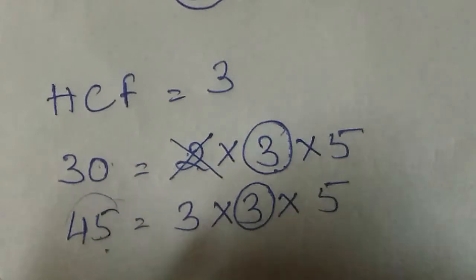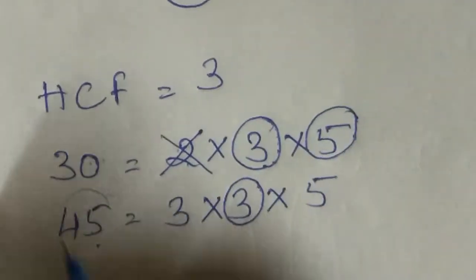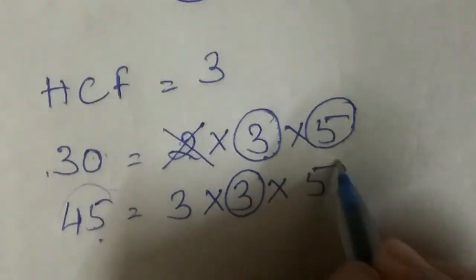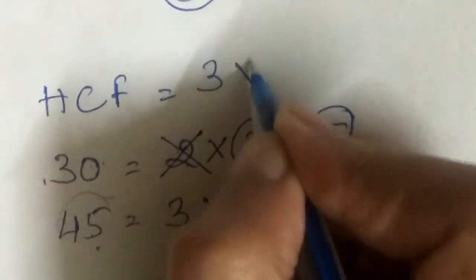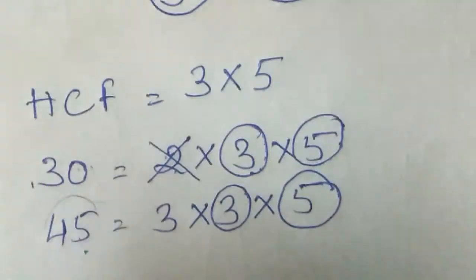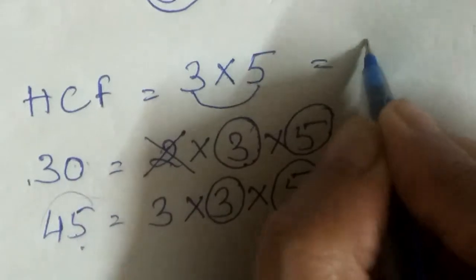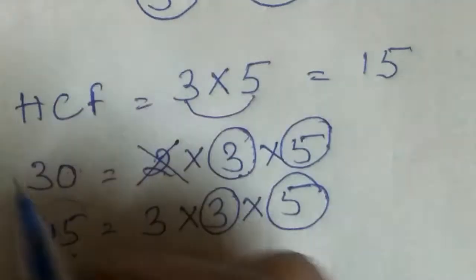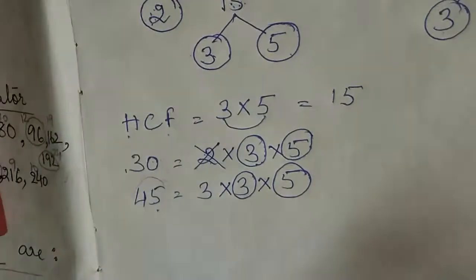Similarly, 5 is the common number, coming in 30 as well as in 45, so multiplied by 5. 3 fives are 15. This 15 is the highest common factor of these two numbers.